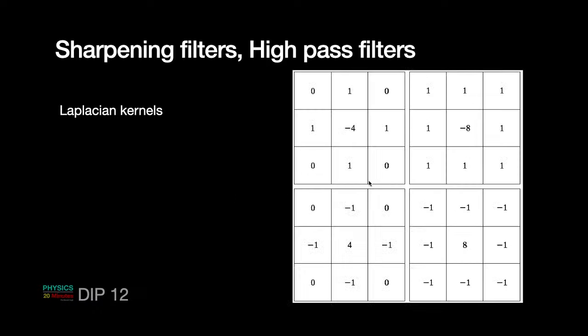So one of the simplest ways to make my Laplacian is here. If you look at this top left kernel, it uses the fact that the center is suppressed by minus 4, and then x plus 1 and x minus 1 are selected, then y plus 1 and y minus 1 are selected.